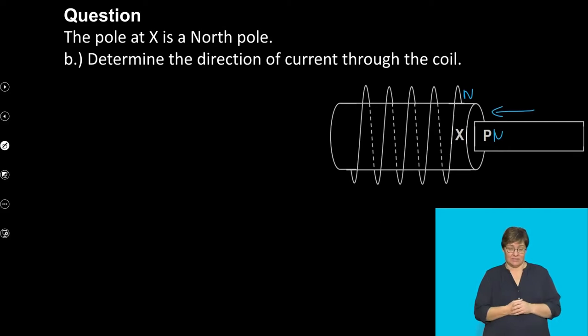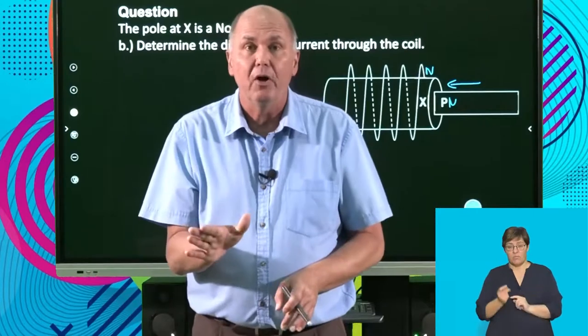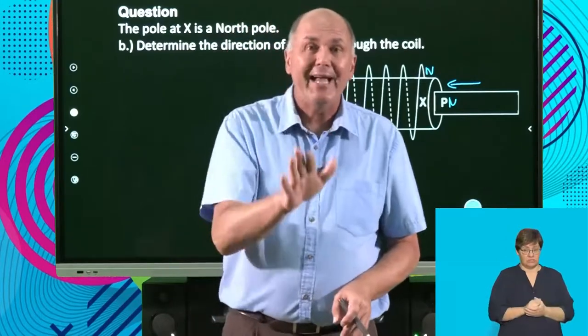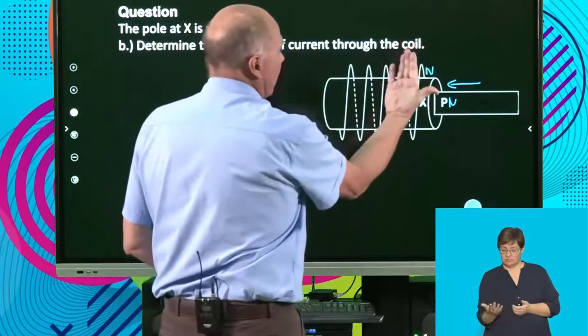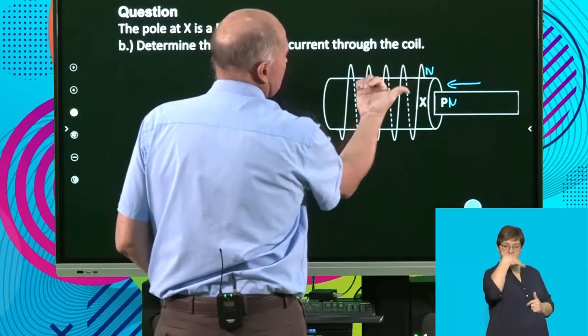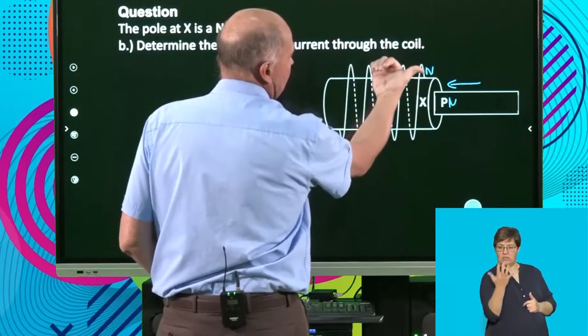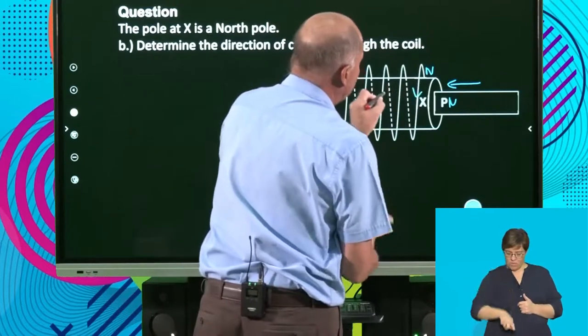Now, if that's the North Pole, then I'm going to need to use the right-hand solenoid rule to be able to show the North Pole at that position. And from that, I'll be able to tell the direction of the current. So if I know North Pole is there, I'm going to use the curl of my fingers to say North Pole is there, then the current has to be coming down on this side.